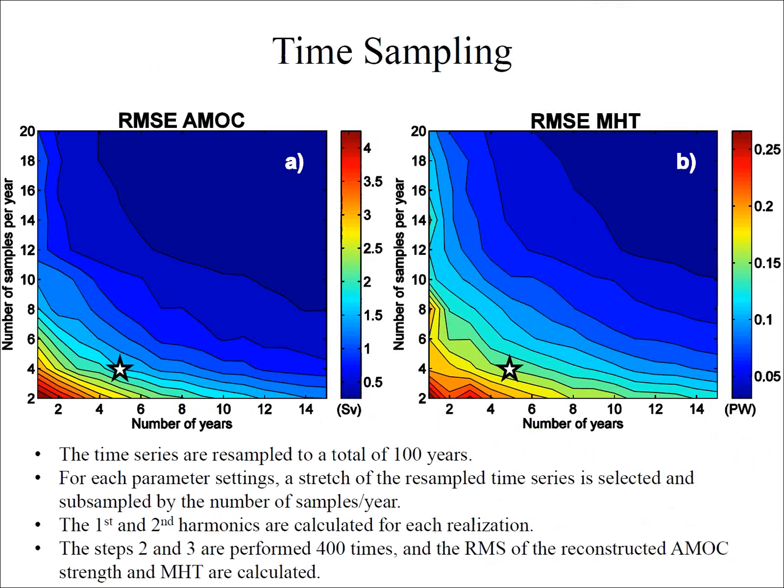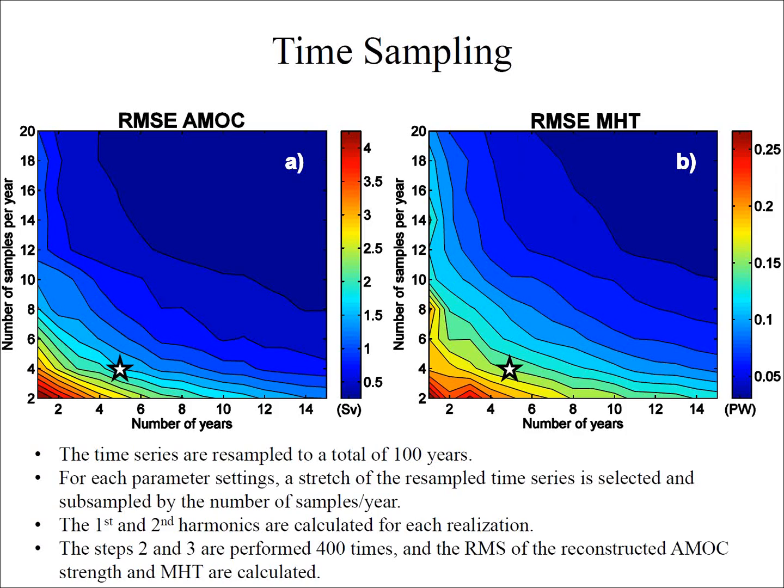So we came up with this design plot where we have the number of samples per year growing from 2 to 20, and the number of years from 1 year up to 15 years. And we see that generally as we go up in the numbers here, the RMS bias reduces.